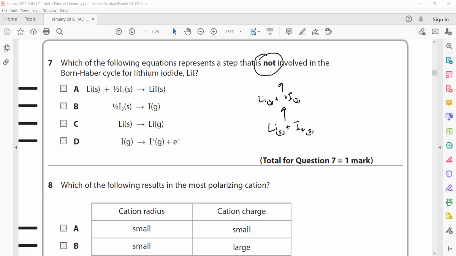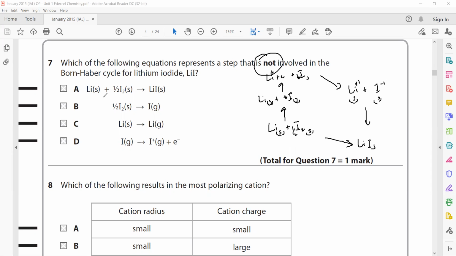Then we ionize, like remove the electron from lithium. Here it should be half a mole, so that we have 1, and then an electron is added. So lithium ion is there in a gaseous state and iodide ion in a gaseous state, which will form lithium iodide.